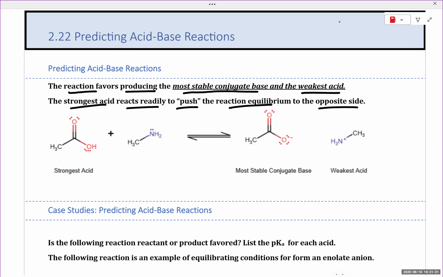So for example, if you have a carboxylic acid and an amine reacting, the carboxylic acid with a pKa of 4 is stronger than the protonated amine with a pKa of 9 to 10. Further, if we think about conjugate base stability, the carboxylate anion is a very, very stable conjugate base. So this equilibrium massively favors the products.